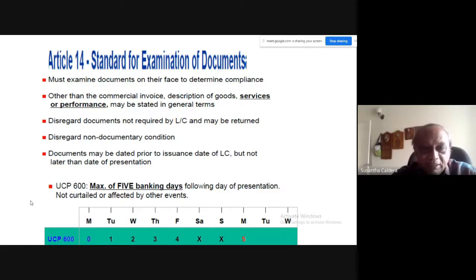This is a very important part. A lot of people are making mistakes. If the customer has submitted the documents on Monday, the clock starts triggering from Tuesday, not from Monday, excluding that day.